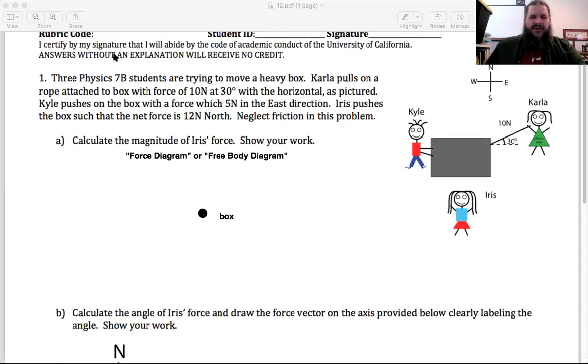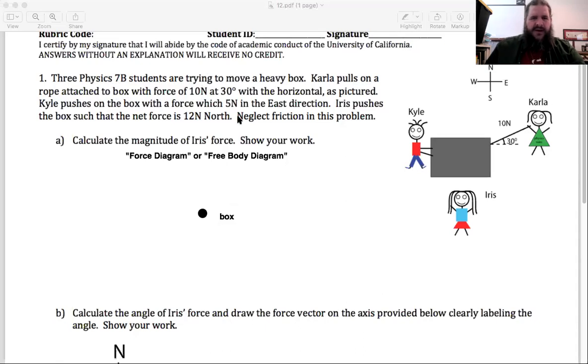So if we list out all those forces, it looks like both Kyle and Carla are pushing on the box, or pulling on the box. And it tells us what those forces are. Kyle is pushing on the box with a force of 5 newtons in the eastwards direction.